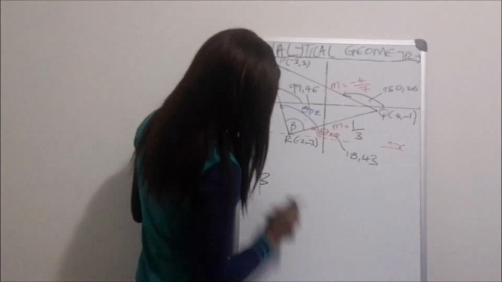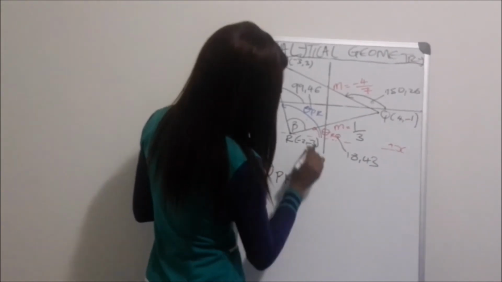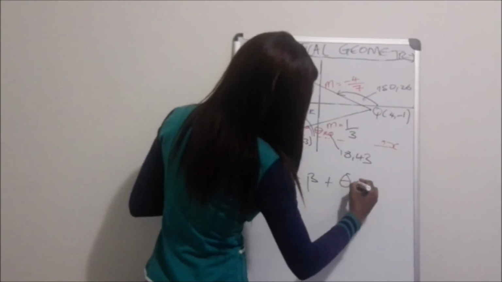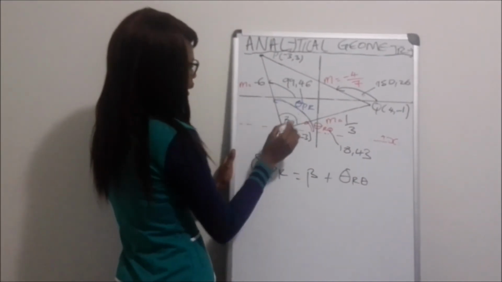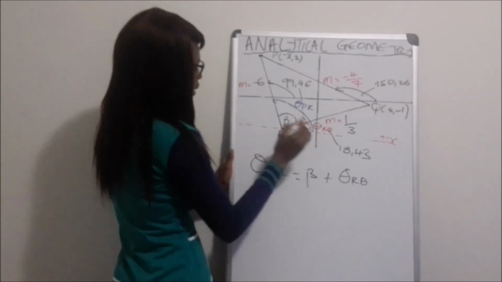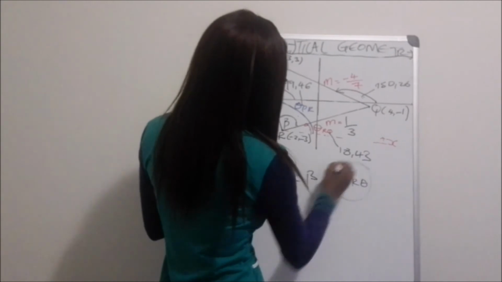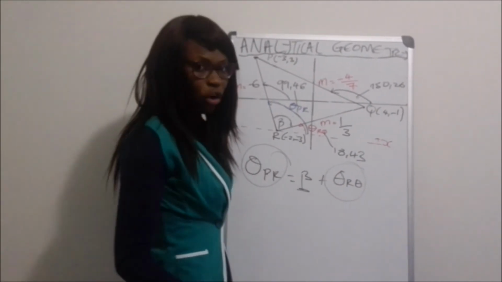So our theta PR is actually the sum of beta plus our theta RQ. If you can see, this angle here is actually the sum of this angle and this angle there. So what we have here, we have this and we have that. Now we only have one unknown, which is beta.